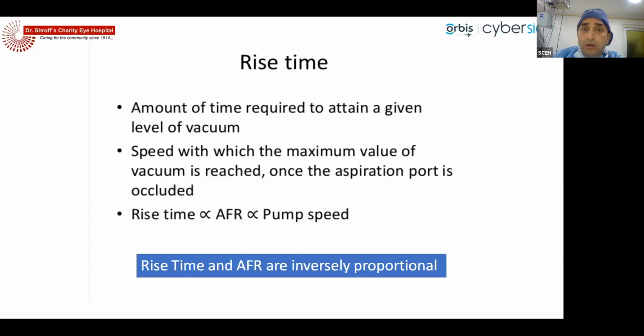Now, why is it important? When you've already chopped the piece and you want to bring it to the center of the eye to eat or to emulsify, there's a tendency to go in with a burst of phaco and immediately start pulling to the center, and you find that the piece stays there and the probe comes back.